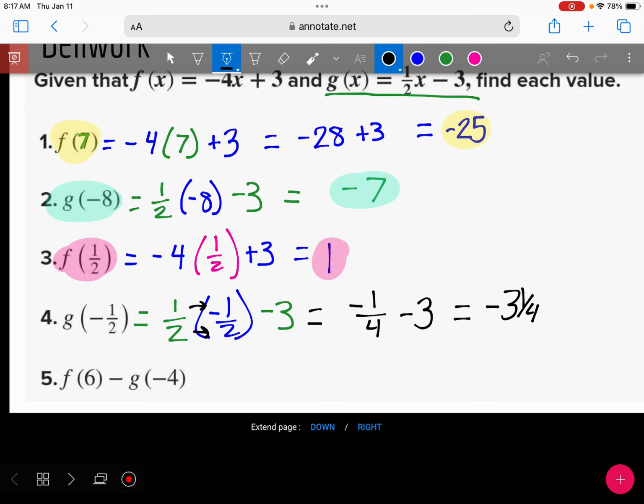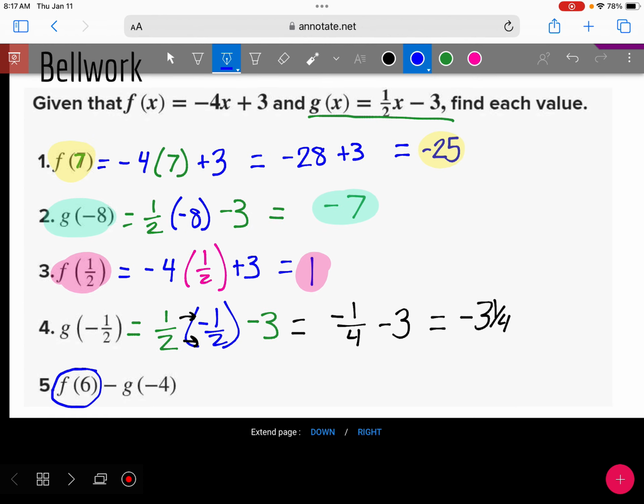All right, and then our last one, we have 2 of them and there's an operation in between, and that's okay. So we're going to do f of 6. F of 6, that's negative 4 times 6 plus 3. Negative 4 times 6 is negative 24. Plus 3 is negative 21.